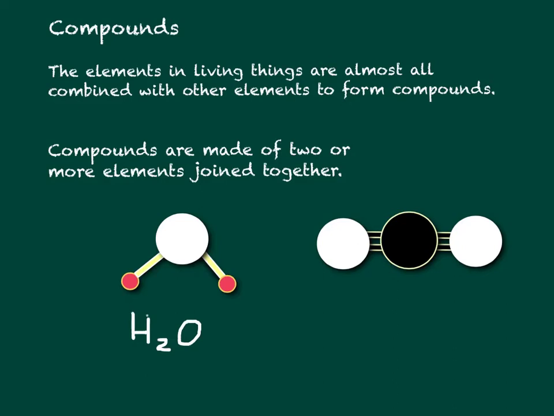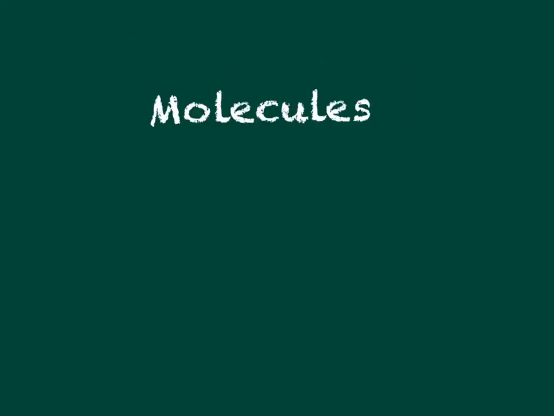And this one here has two oxygen atoms, and this black one here is a carbon atom. So this is CO2, which is carbon dioxide. These atoms joined together, H2O, water, CO2, carbon dioxide, are molecules.